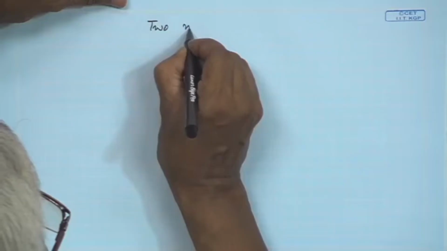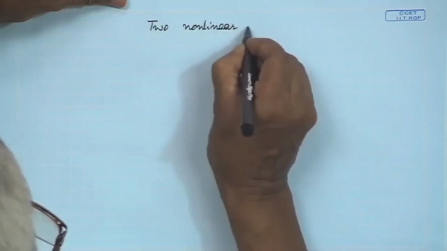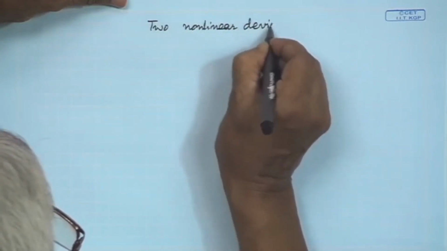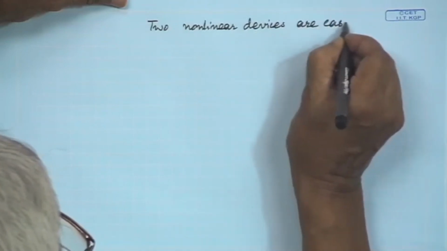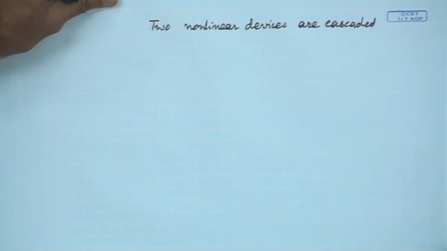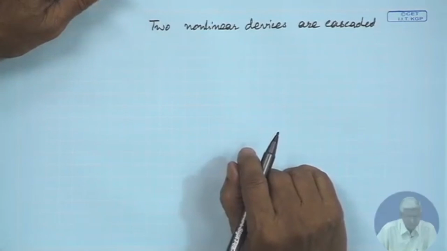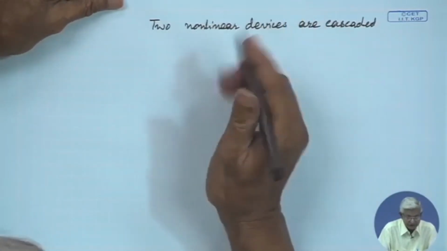Let us look at what happens when two nonlinear devices are cascaded, put one after another, to our OIP3, and what should be the equivalent third order intercept point.